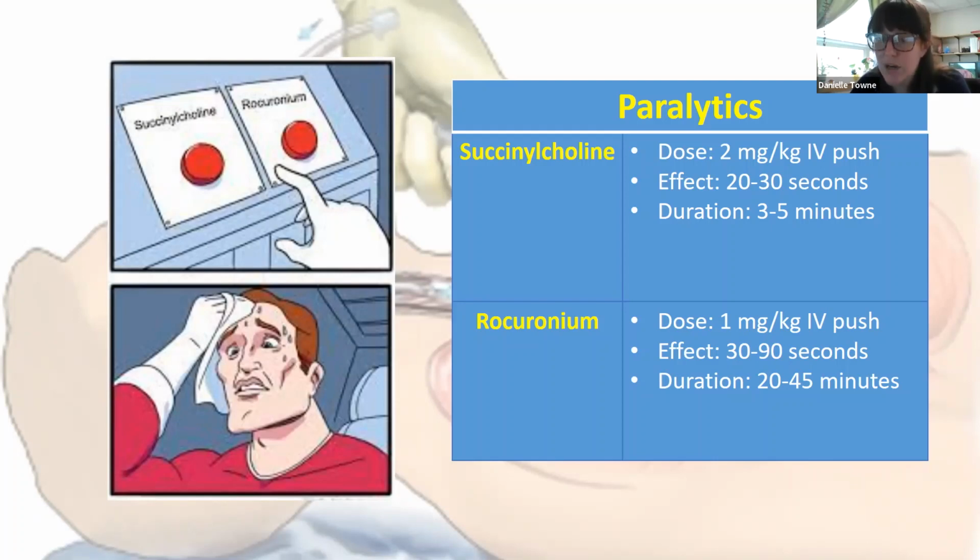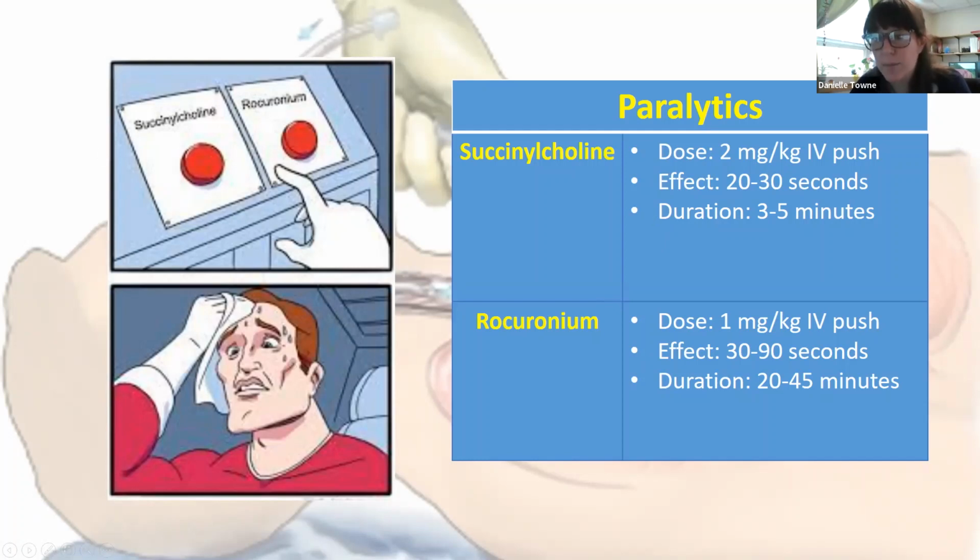Now, there are a lot of contraindications to using it, so you want to be cautious when utilizing it. Some examples include it's contraindicated in patients with hyperkalemia, rhabdomyolysis, burns, acute or chronic renal failure, history of malignant hyperthermia, neuromuscular disease, and several others. Now you can see that the duration is only about 3 to 5 minutes on this one, okay?